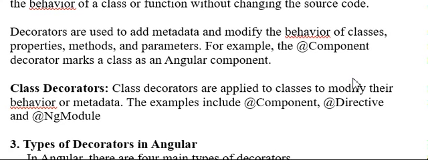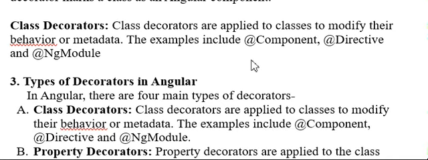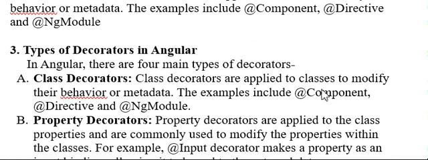As I already explained, what are the types of decorator in Angular? That is a class decorator. Class decorators are applied to classes to modify their behavior or metadata, same things as I already mentioned.